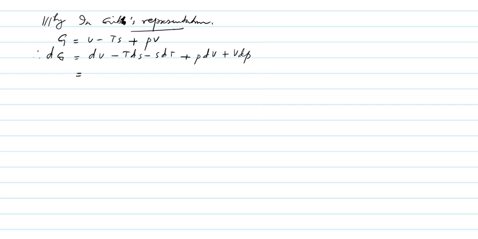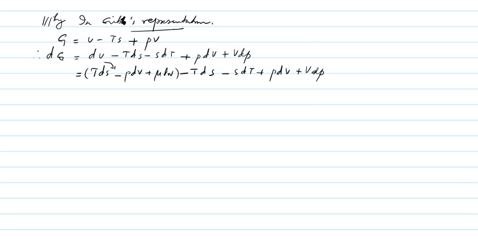That is, dU is nothing but TdS minus PdV plus mu dN. So I have substituted for this dU using the first law of thermodynamics: minus TdS, minus SdT, plus PdV plus VdP will be the relation.